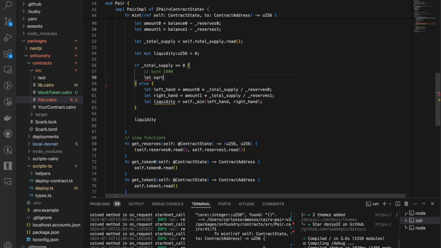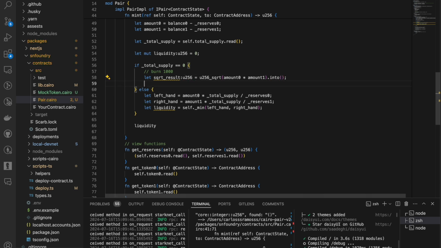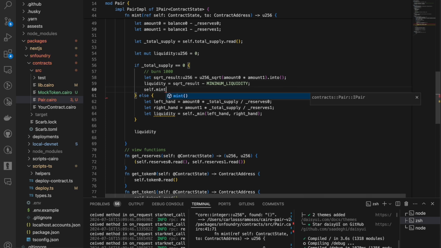So like the square root. Let's declare this, because a u256 square root is going to give me a u128. I'm going to cast this to u256 again so that we can use it with the other ones. And the liquidity is going to be equal to the subtraction of these two, because we're going to be burning now this minimum liquidity.